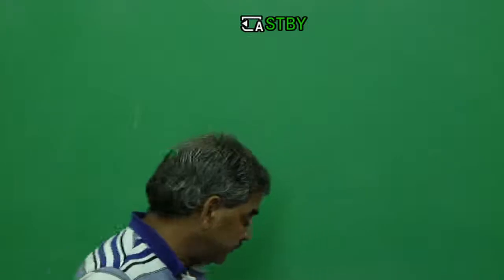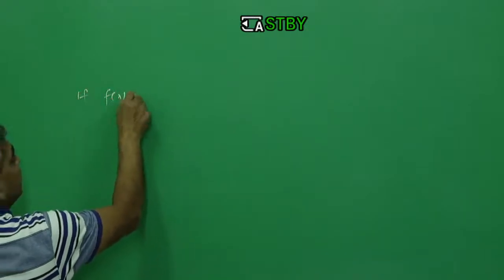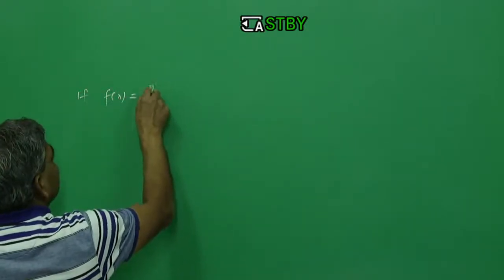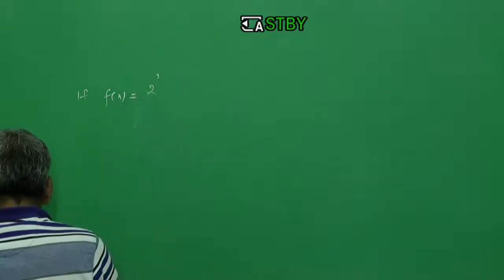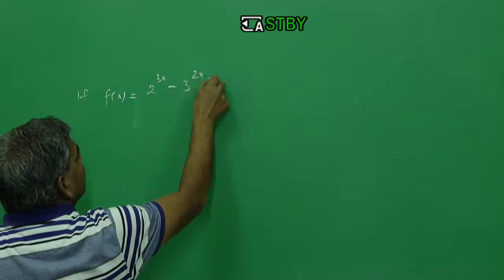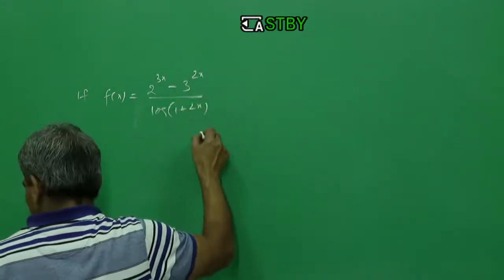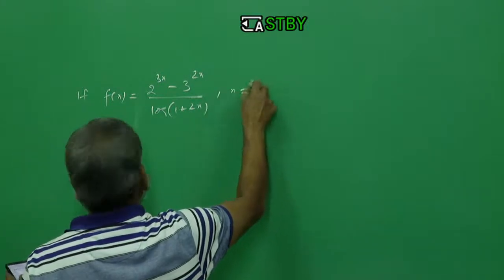एंड डेरिवेटिव यूज करके कंटिन्यूटी का एक्सप्लेनेशन दिया था। लेट्स टर्न टू सम मोर एग्जांपल, और थोड़ी सी एग्जांपल हम सॉल्व करते हैं। लिखो एग्जांपल, f of x is equal to (2 raised to 3x minus 3 raised to 2x) whole upon log of 1 plus 2x, x is not equal to 0.